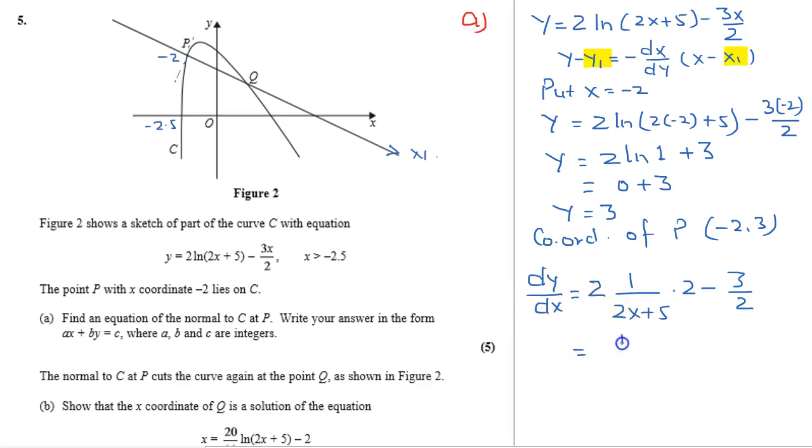So this is equal to 4 over 2x plus 5 minus 3 over 2.